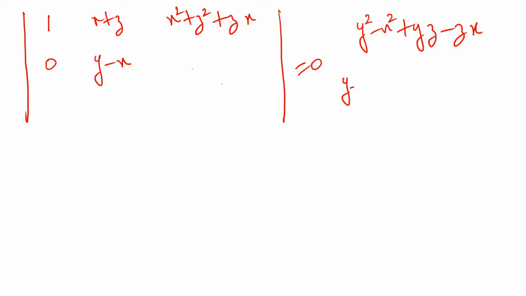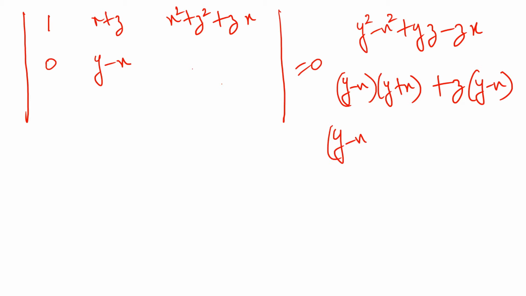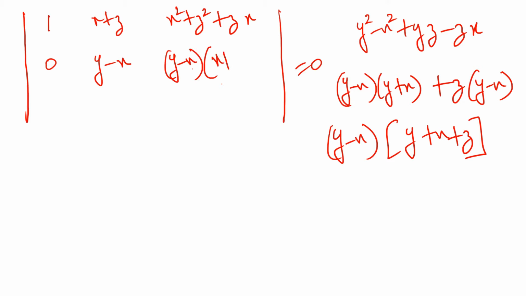You can see here it is y minus x into y plus x. Then you can take out z common from here to get y minus x in the bracket. And finally, you can take out y minus x to get y plus x plus z inside the bracket. Fine. So the third element of this determinant can now be written as y minus x into x plus y plus z.